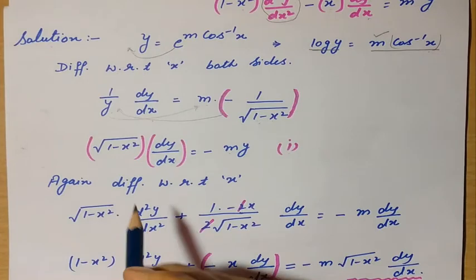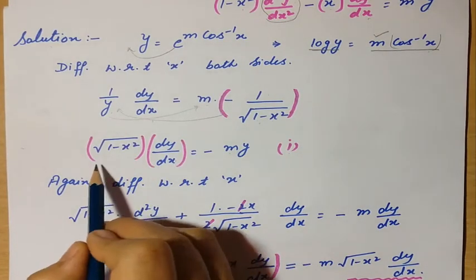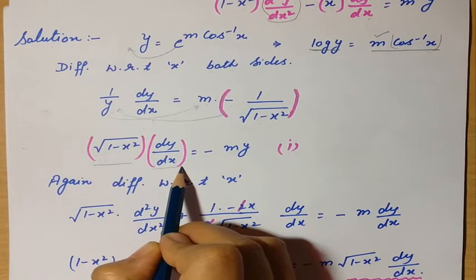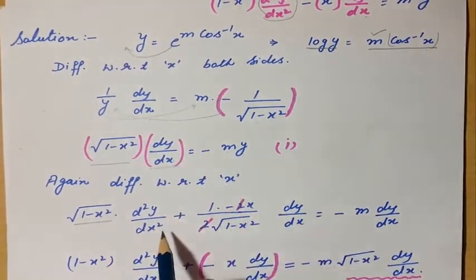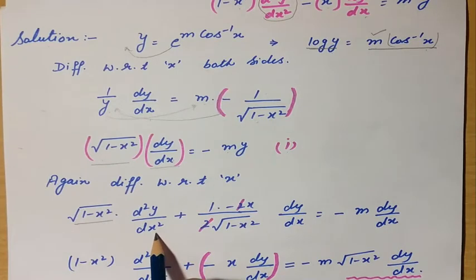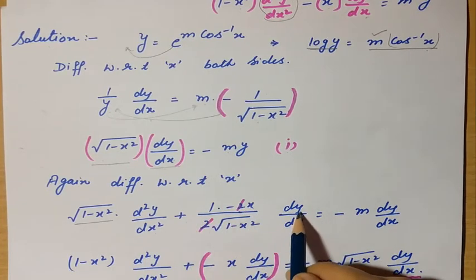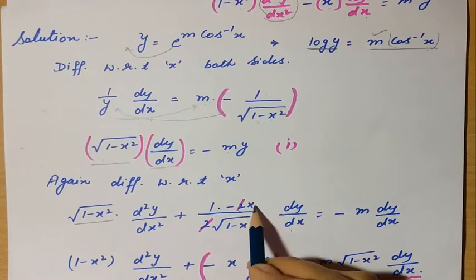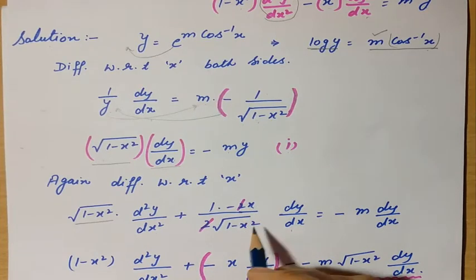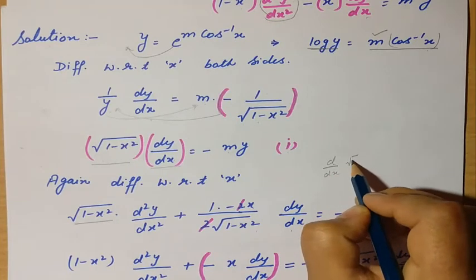Now we will again differentiate the term with respect to x. U into v: u times differentiation of dy upon dx. We have already learned that differentiation of dy upon dx is d square y upon dx square, plus v times dy upon dx as it is, and differentiation of u. Differentiation of u is differentiation of under root term.